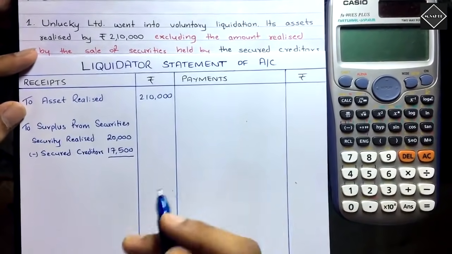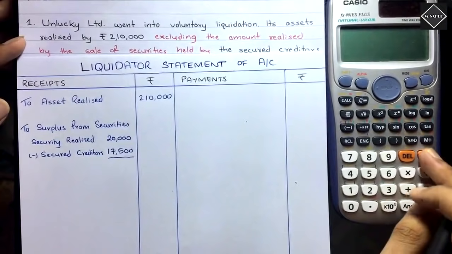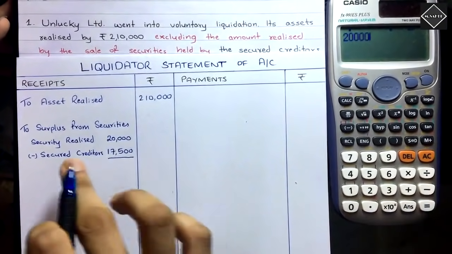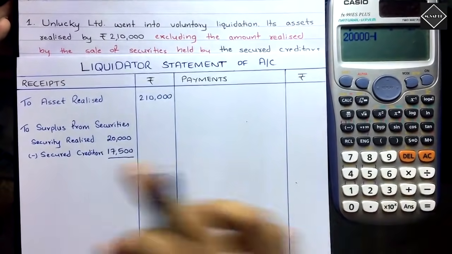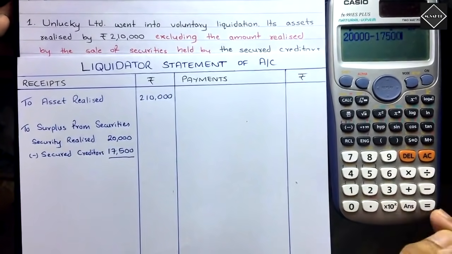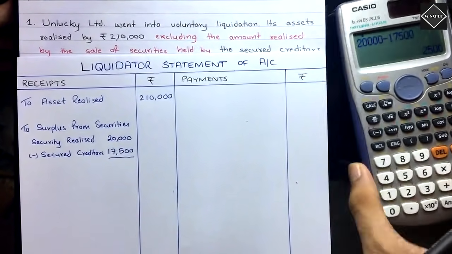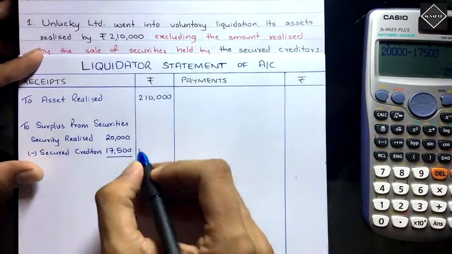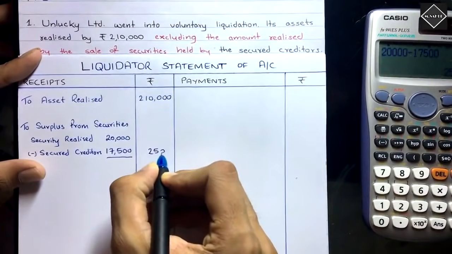Of course there is a surplus. 20,000 minus 17,500 is equal to 2,500. So 2,500 is the surplus.